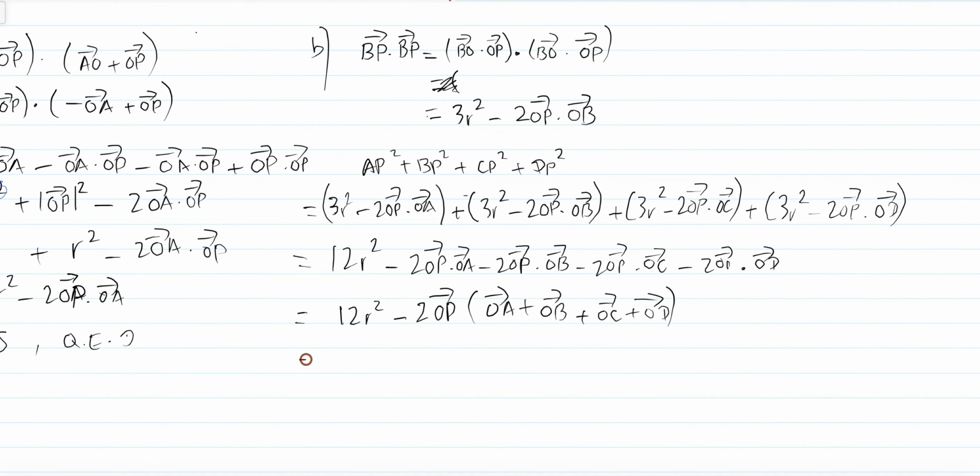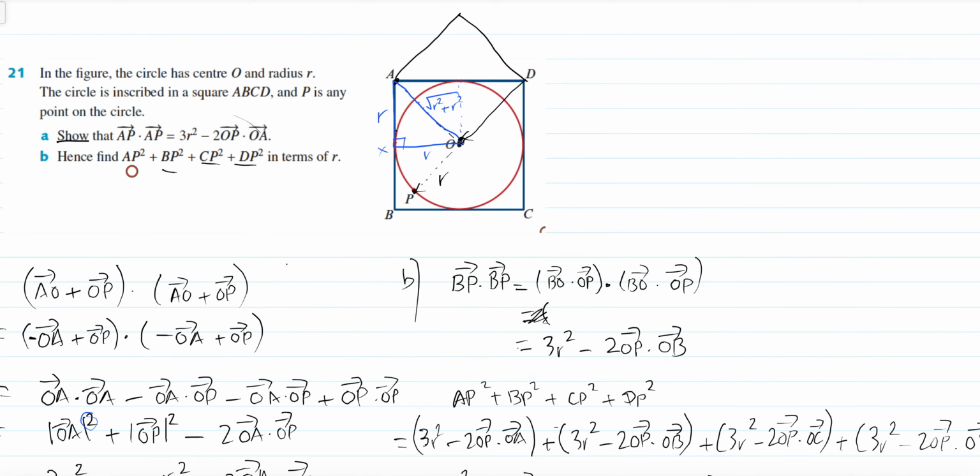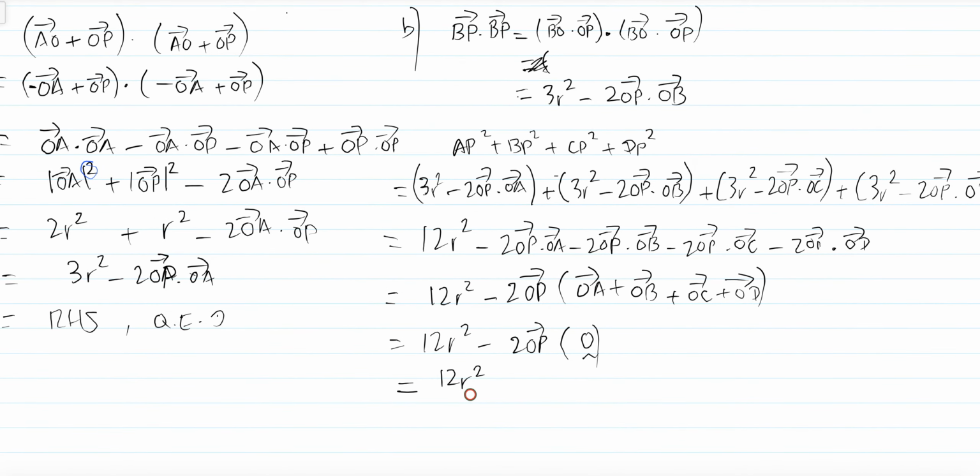So 2 times vector OP, this entire thing becomes your zero vector because they come back to the original, to the center. And of course, anything multiplied by the zero vector is just 0, and you end up with the final answer as 12R squared. And that's pretty much it, because your question asks you, hence find this in terms of R. We have our answer in terms of R, and that is 12R squared.